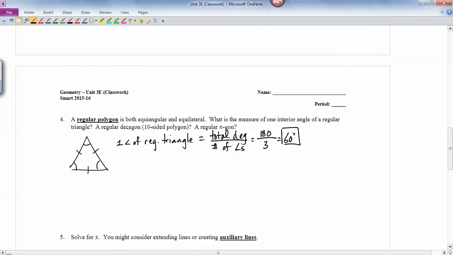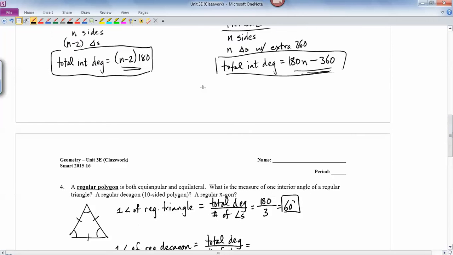So a regular decagon would be something with 10 sides. Now I'm not going to draw a decagon, so I'm just going to write here one angle of a regular decagon. Well, I need the total degrees of a decagon divided by the number of angles that a decagon has. Well, the total degrees in a decagon we can figure out using one of these formulas.